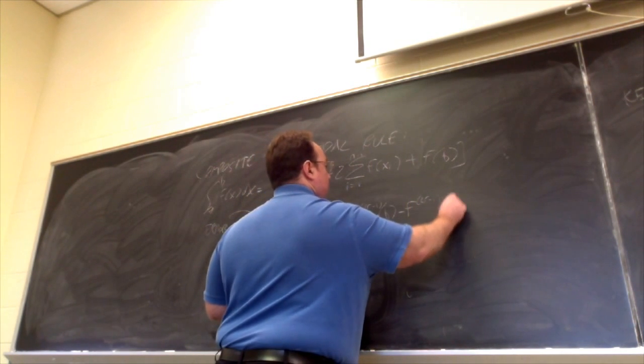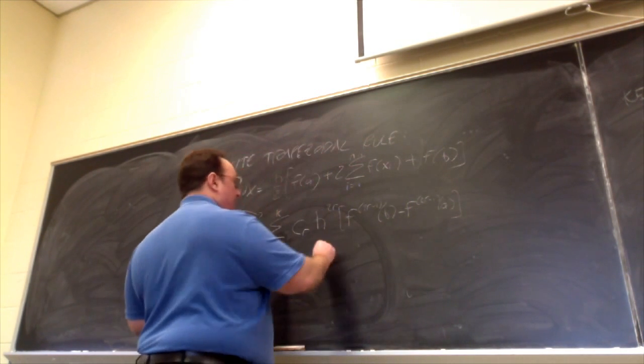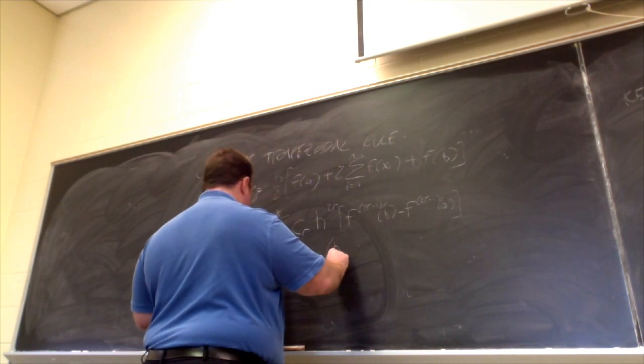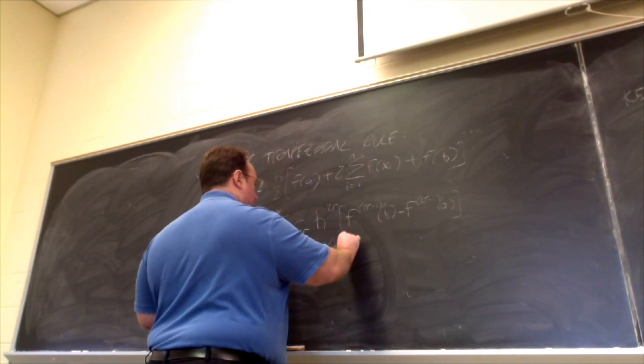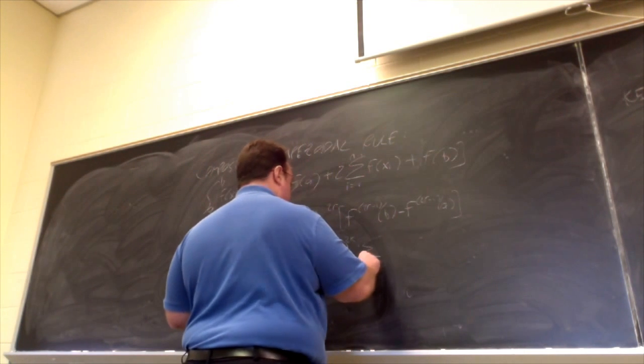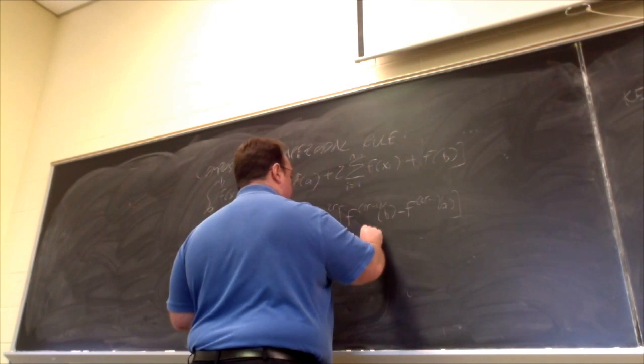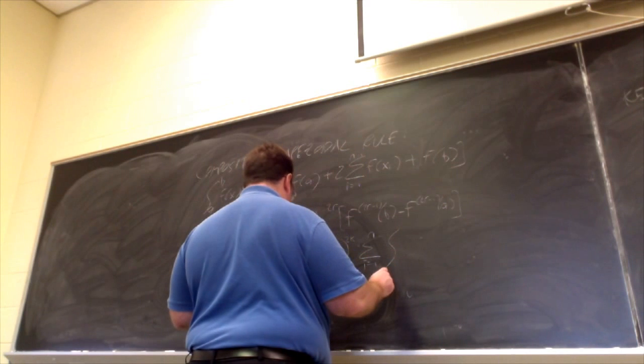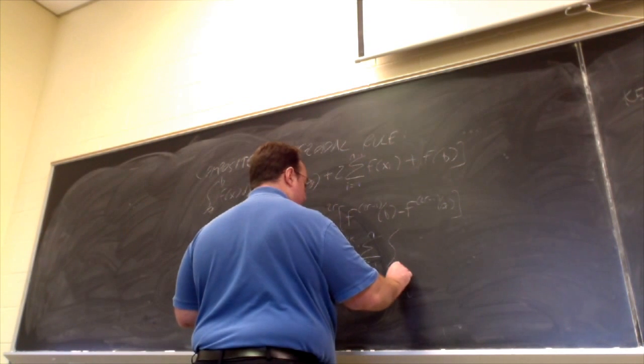Okay. Minus h over 2 to the 2k integral. And this one has, you're adding integrals over subintervals.